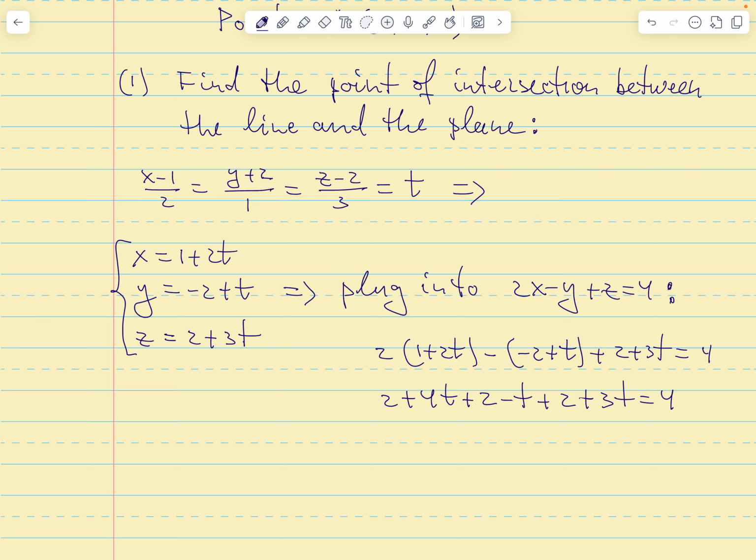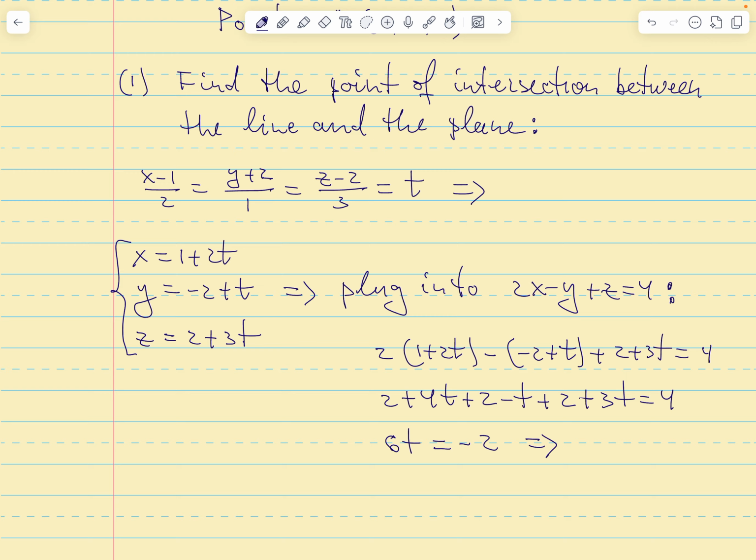So how many t's have I got? 4t plus 3t minus t, that is 6t. Then 2 plus 2, 4, plus 2, 6. Take 6, move to the right, and you get minus 2.